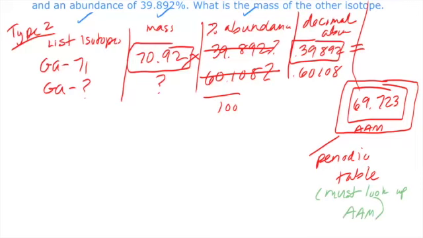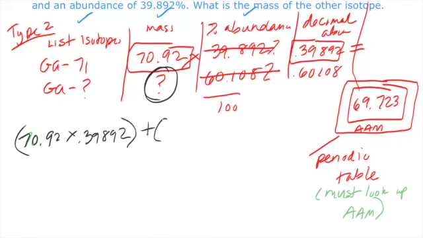Okay, so now we know everything except this value right here. So in the original problem, we would have taken 70.92 times its decimal abundance, which was 0.39892. We would have gotten our subtotal, and we would have added it to whatever the mass of the second isotope was, times its decimal abundance, which is 0.60108, and we would know that that would equal what's on the periodic table.